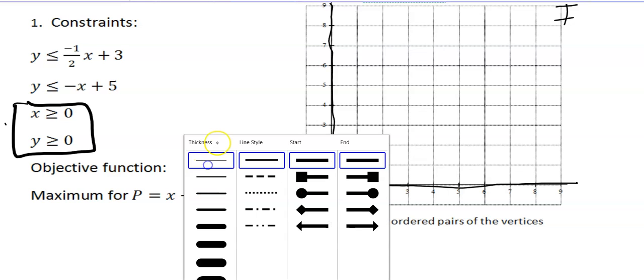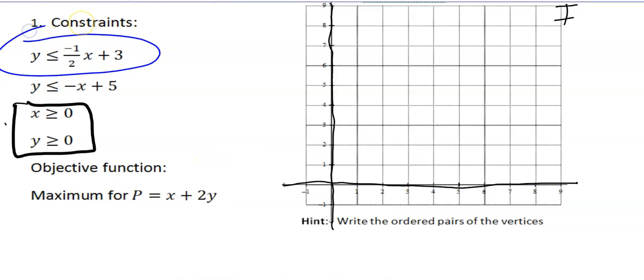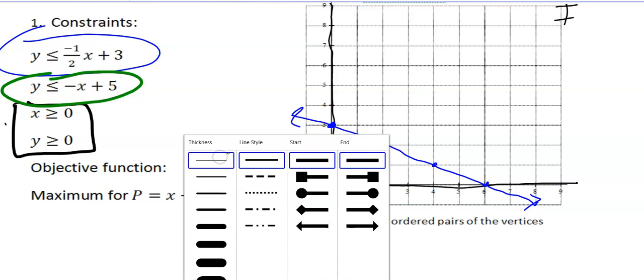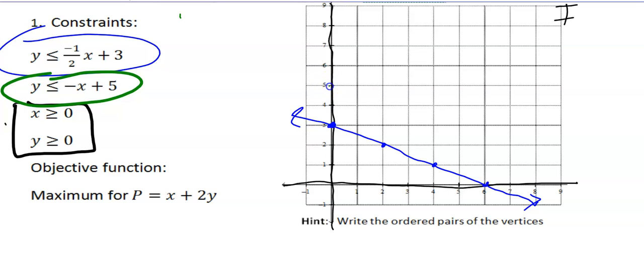Let's graph this other one here. The y-intercept is 3. Slope is -1/2, so down 1, over 2. Draw a solid line there. I'm going to shade down because it's less than. It's kind of a triangle right now, but I want to include this last shape in there, so we're going to do this one next. That one's going to be y-intercept of 5, slope of -1.